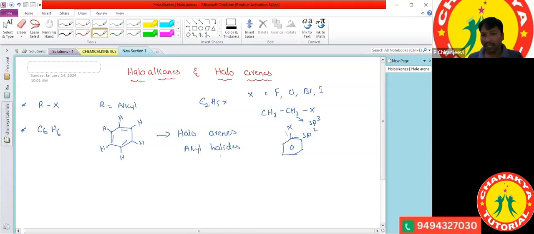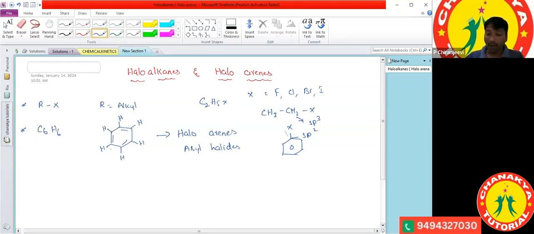In haloarenes, halogens are attached to an sp2 hybridized carbon atom. So now you got the clarity. We can call these aryl halides or haloarenes, and alkyl halides or haloalkanes.